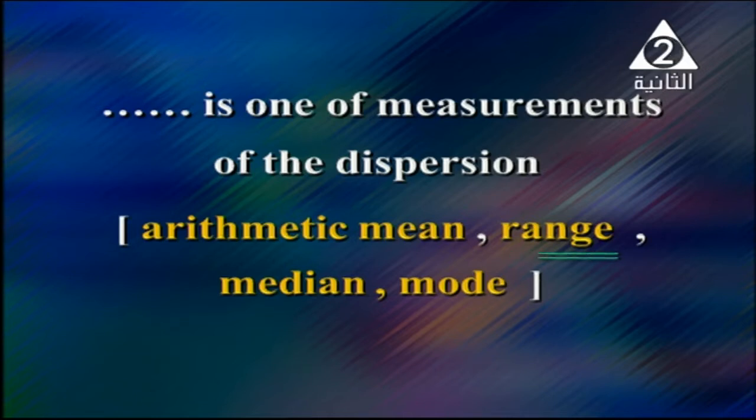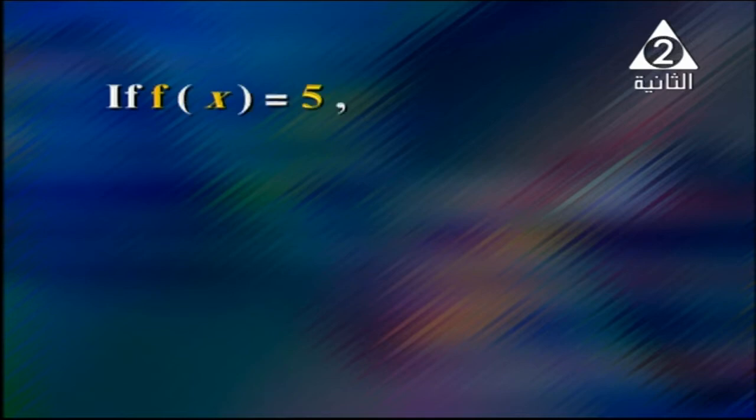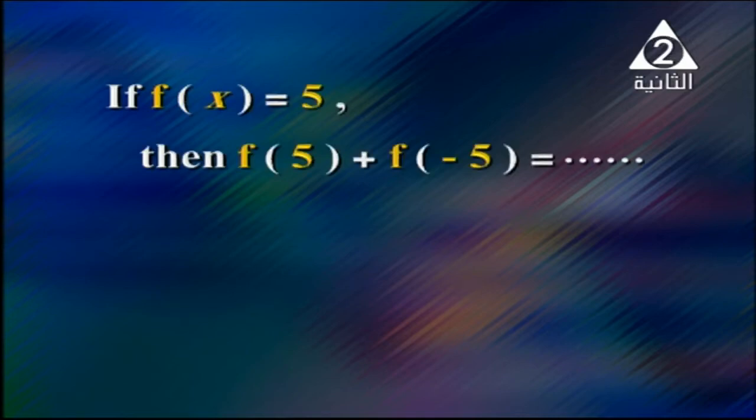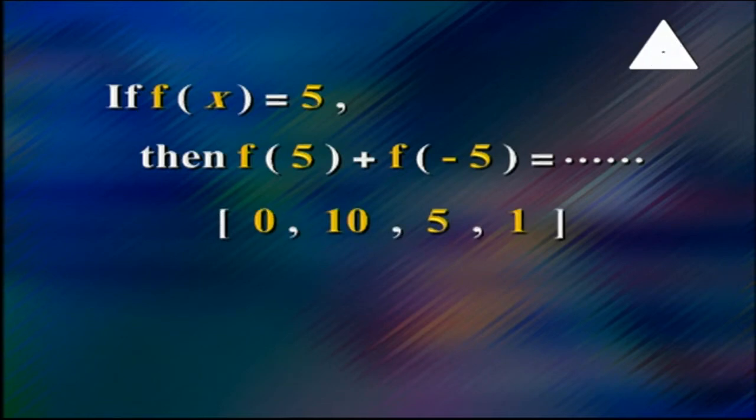Another example. If f(x) equals 5, then f(5) plus f(-5) equals what? Is it 0, 10, 5, or 1? First of all, what about f(x) equals 5? It is said to be a constant function.